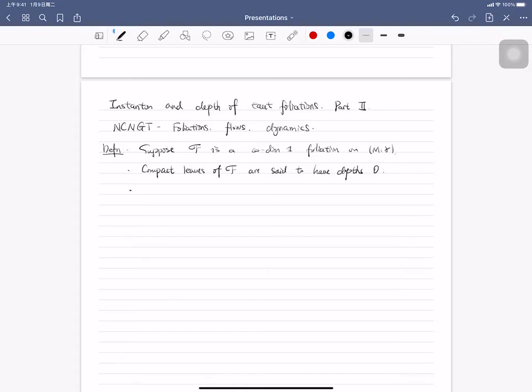So if a leaf is compact, then it's said to have depth 0.